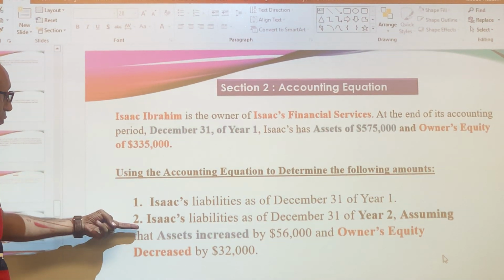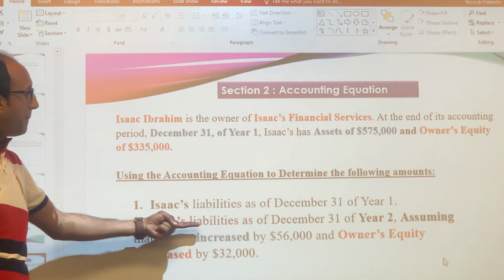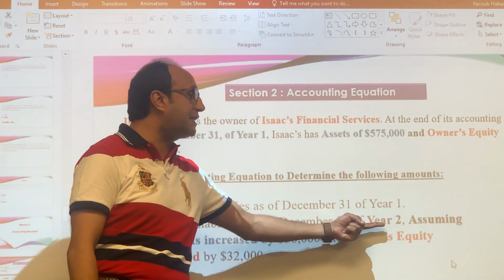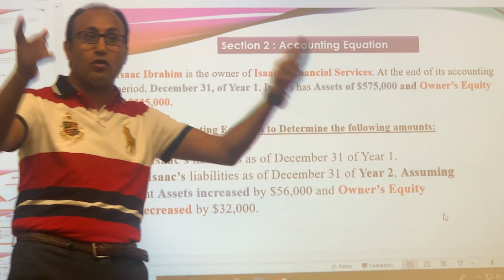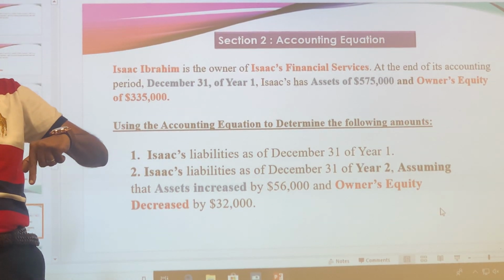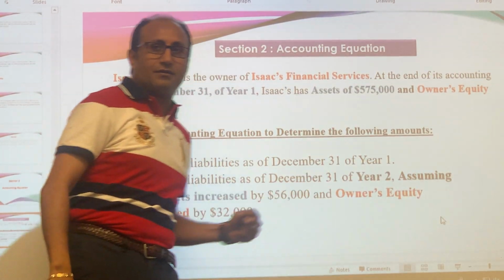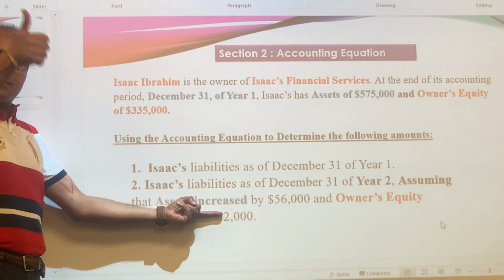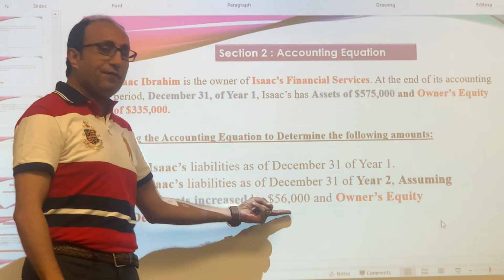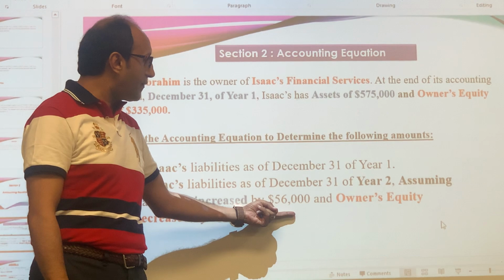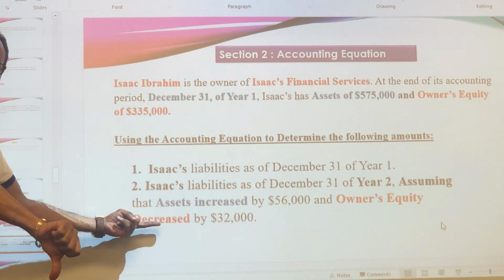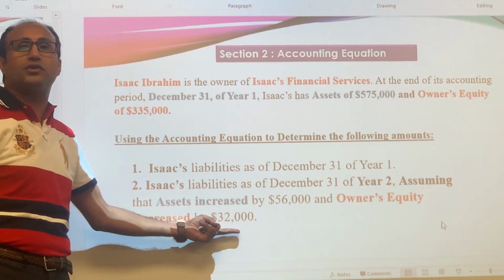And second requirement, Isaac's liabilities as of December 31 of year 2. Assuming, pay attention, that the assets increased by $56,000 and the owner equity decreased by $32,000.